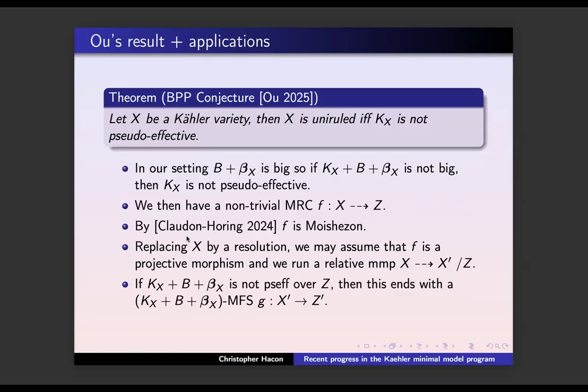So replacing X by a resolution, we can assume that f is a projective morphism, and then we can run a relative minimal model program over Z. Now, there are sort of two obvious cases to consider. If K_X plus B plus beta_X is not pseudo-effective over Z, then this will end with a Mori fiber space, so you win, right? Now, it's not clear that if K_X plus B plus beta_X is not pseudo-effective, then it's actually not pseudo-effective over Z, right? So this does not cover immediately all cases.